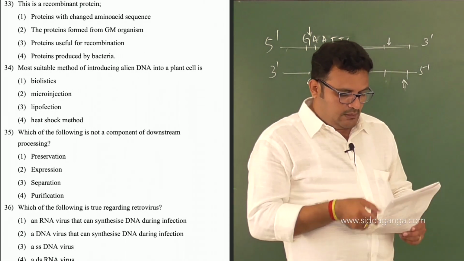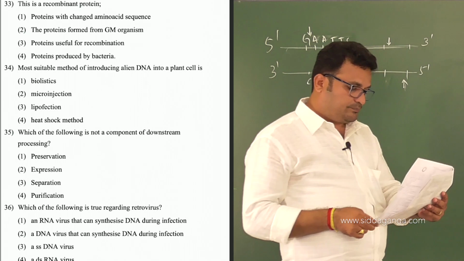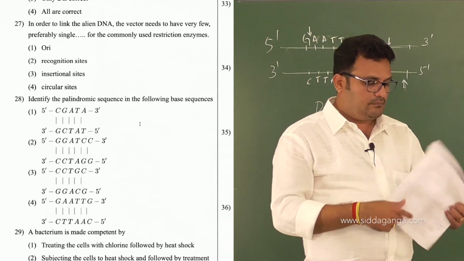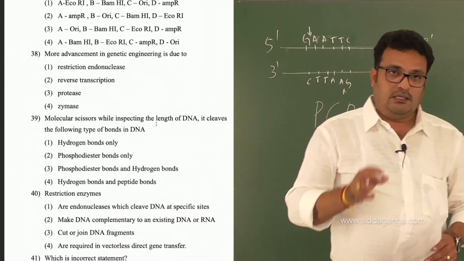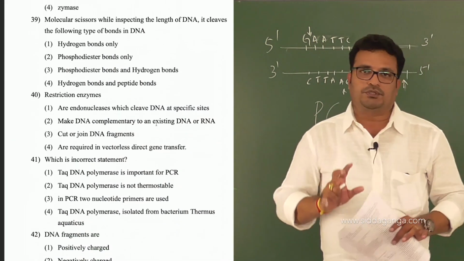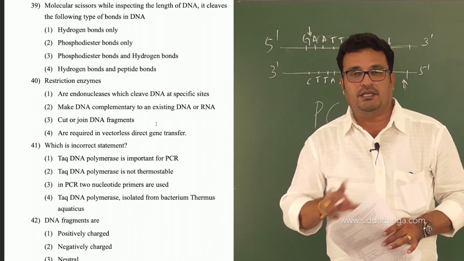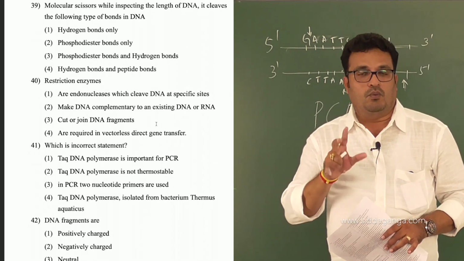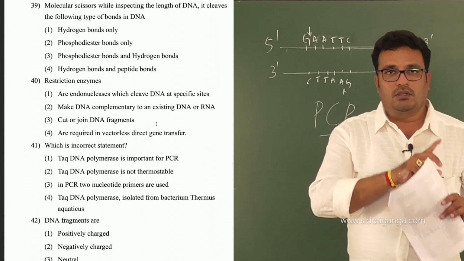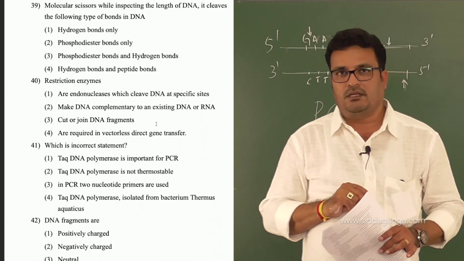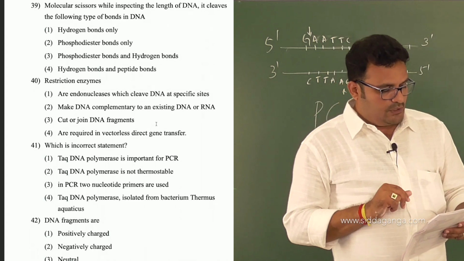That is the next question. Question number 39. I'll tell you only a few questions, and the remaining questions are very easy to attempt only when you watch all the videos related to this topic, right? Question number 39.